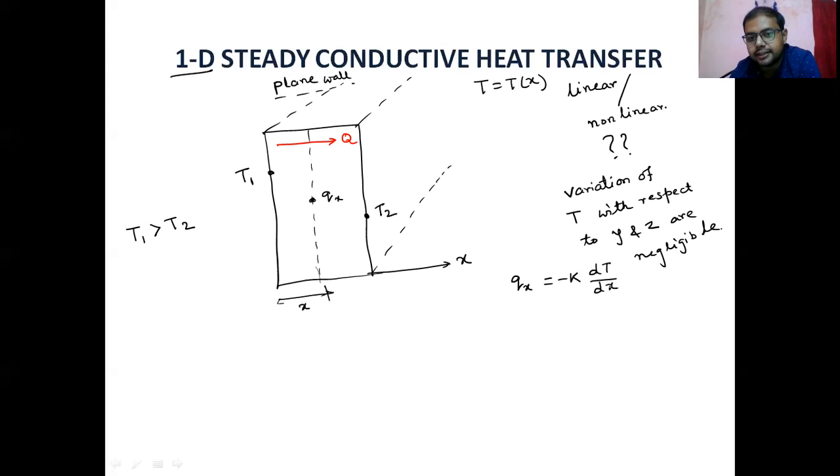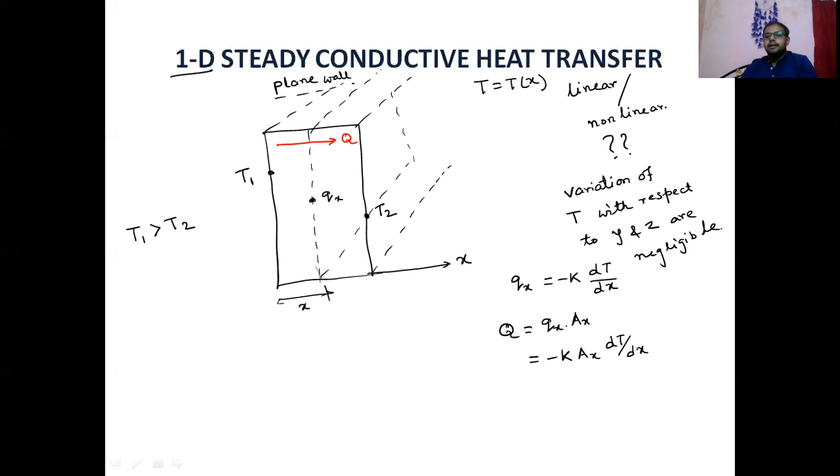Q is equal to heat flux times the cross-sectional area. This cross-sectional area, normal to the heat flow direction, is Ax. So Q is equal to minus K Ax dT/dx.